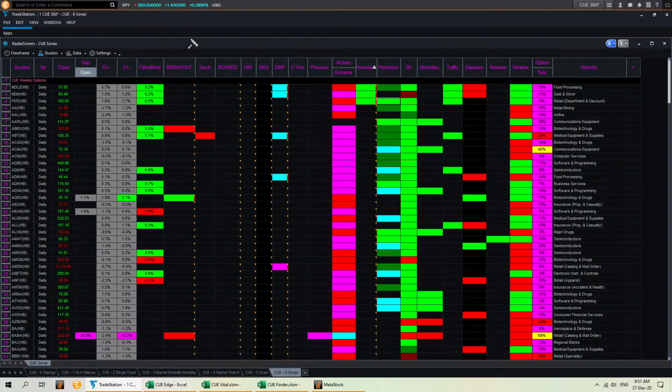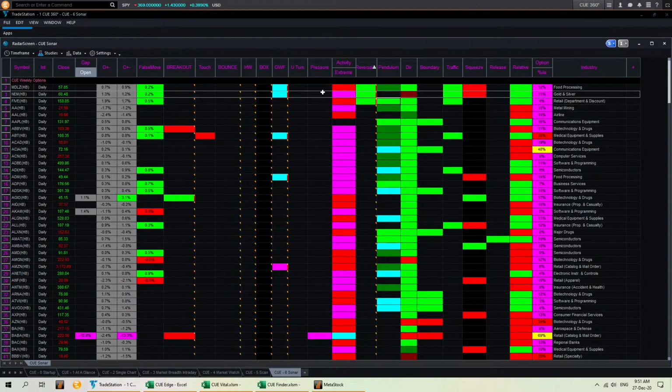Now let's look at the signal columns first. The pressure column shows whether price moved up or down significantly, and this significance is a combination of both distance and volume.